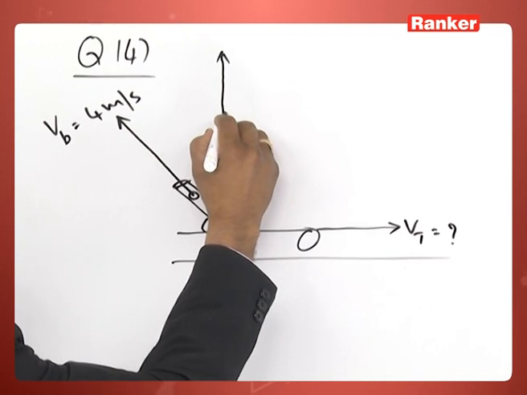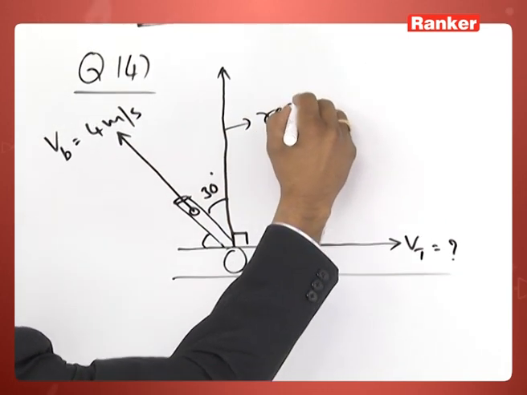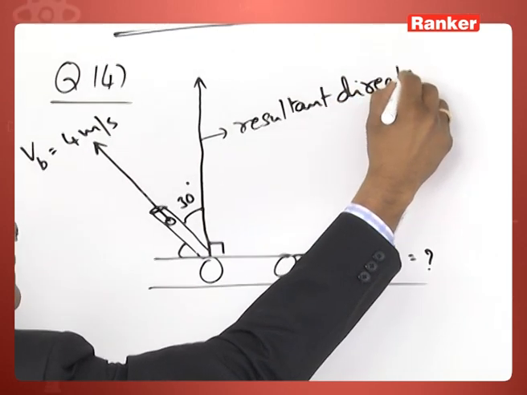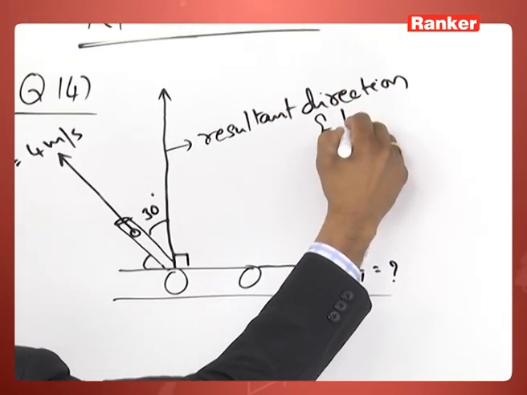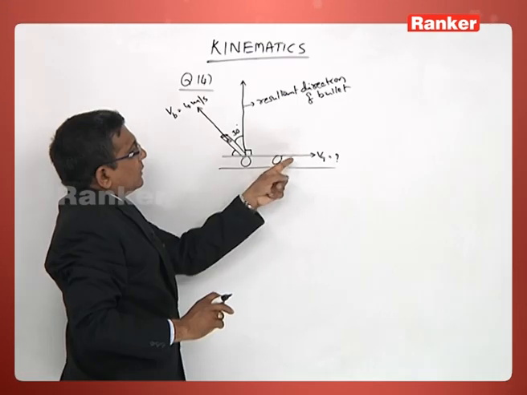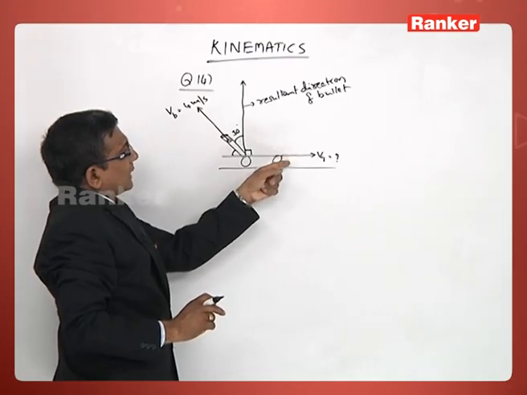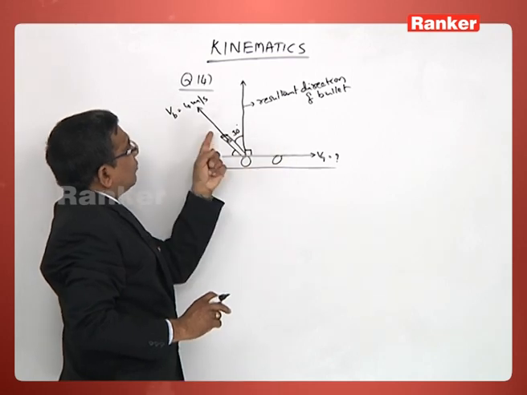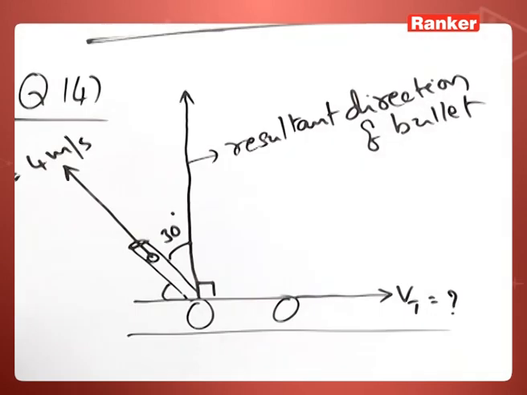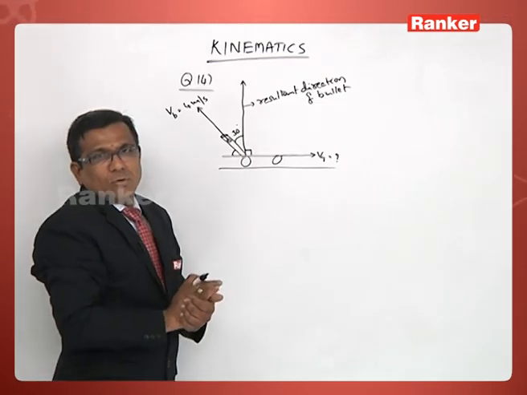That means this will be the resultant direction of bullet. This is the direction of bullet with respect to the truck. When truck is moving, bullet is coming out, this is the resultant direction. So, if it has to move up, what should be the velocity of the truck you have to calculate.